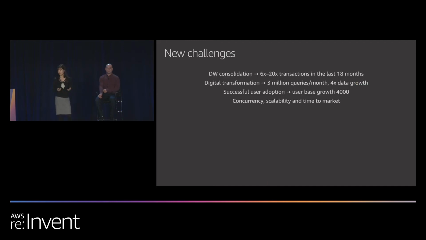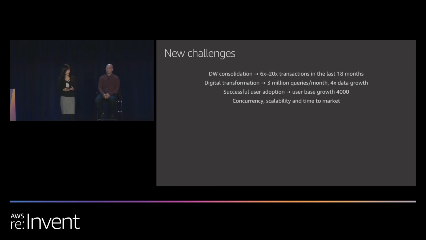We have been running the EDW for several years now, and we have started facing some challenges. With the data warehouse consolidation, we see more transactions coming in and running in our enterprise data warehouse. As part of digital transformation, we build more applications with AI and machine learning enabled, which generate much more data than we anticipated.